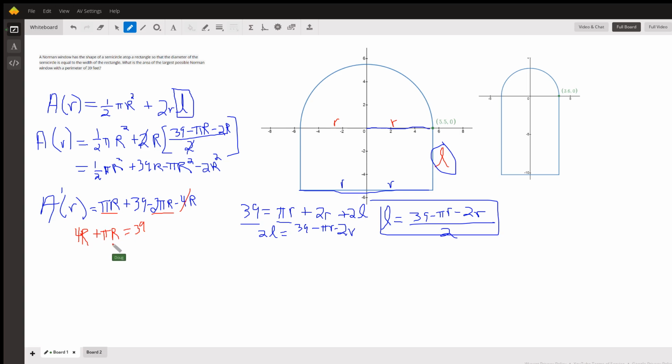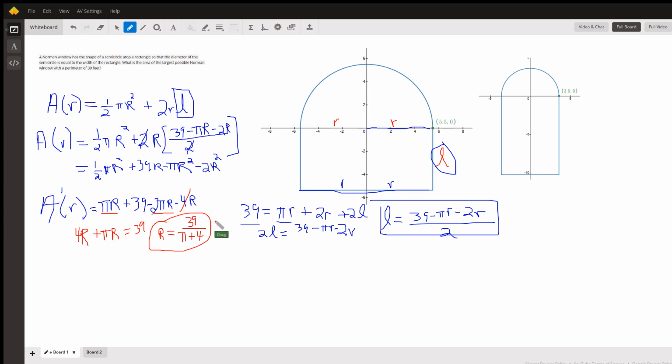Factor out that r, and I've got r equals 39 divided by pi plus 4. So that's the value of the radius. That's the critical number. It's when the derivative is equal to 0.